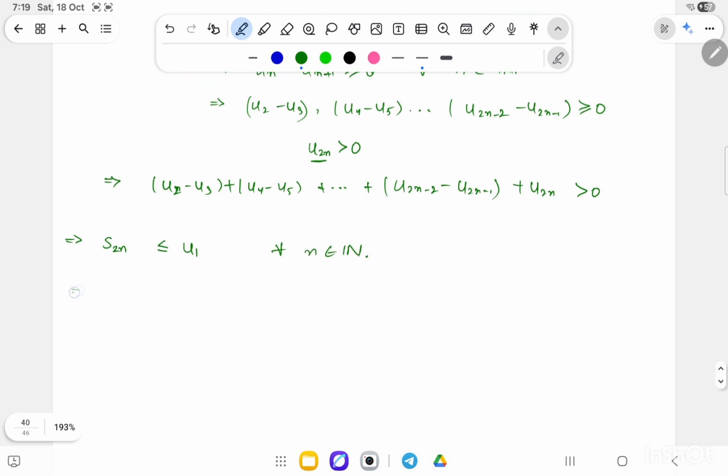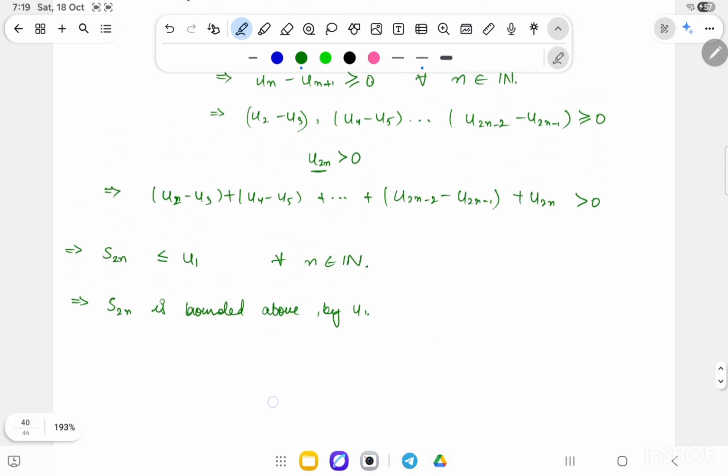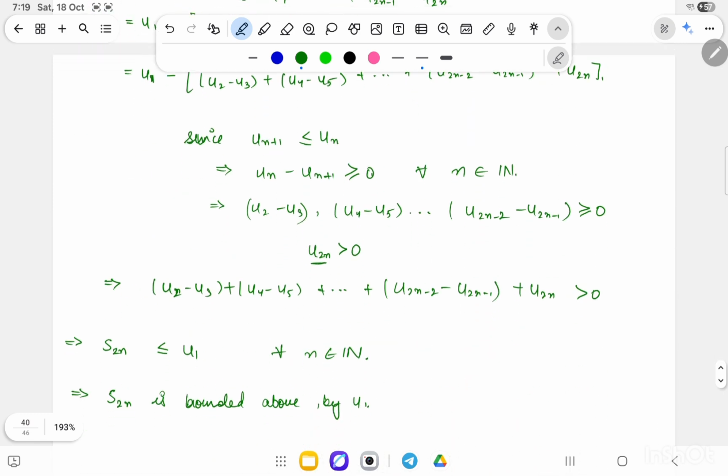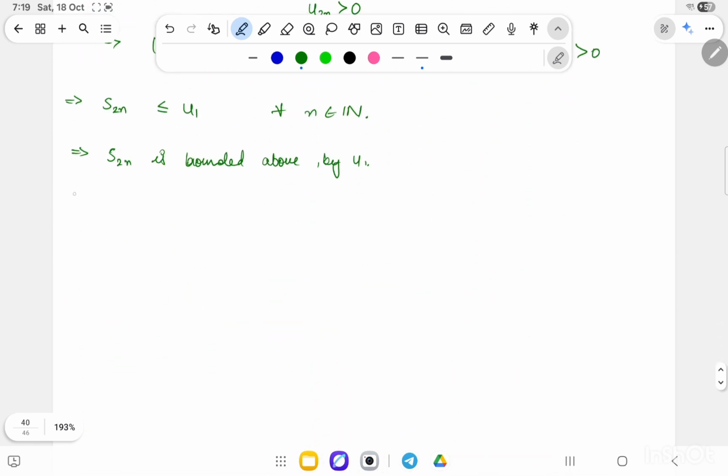So from here we got that our s2n is bounded above by u1, and we have earlier proved that s2n is a monotonically increasing sequence.